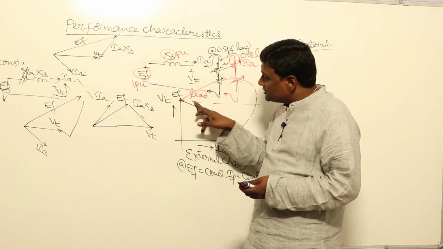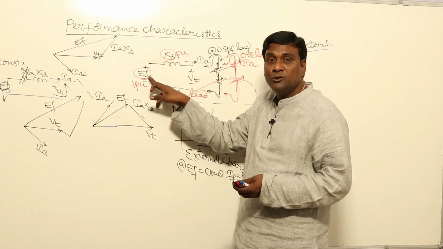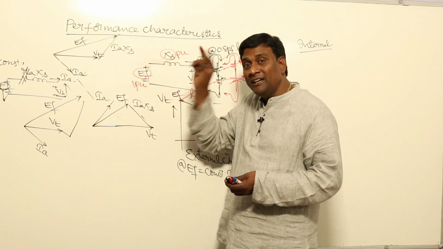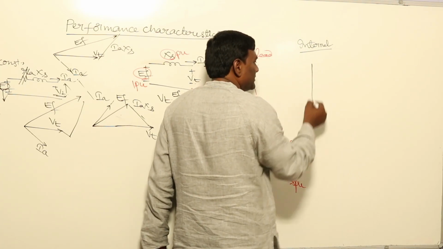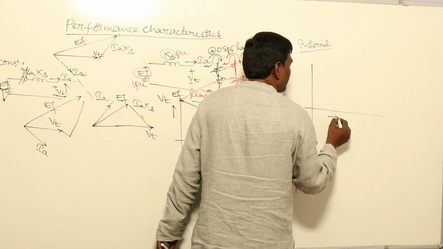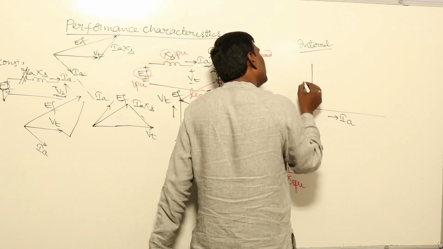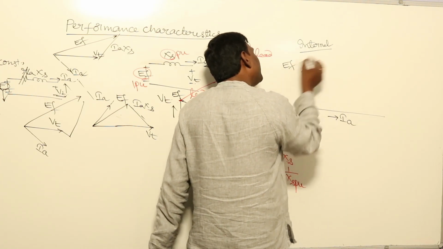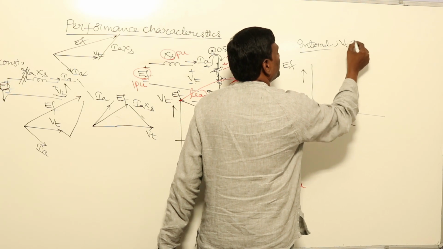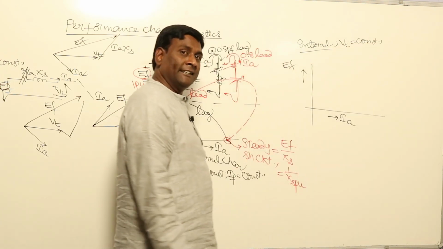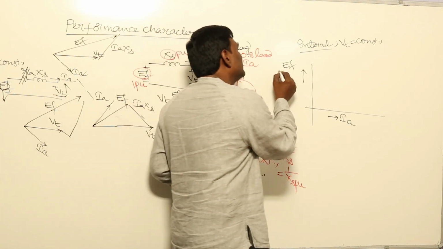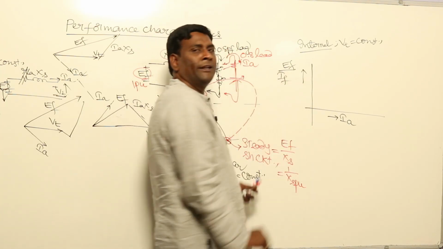But in lagging conditions, in order to maintain VT constant, EF has to be increased, which means the field current has to be increased. So for the internal characteristic, this is going to be IA or load current only. Internally, how EF has to be maintained in order to maintain VT constant, or directly I can say how the field current has to be varied.